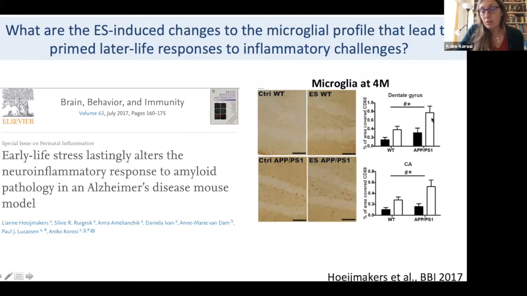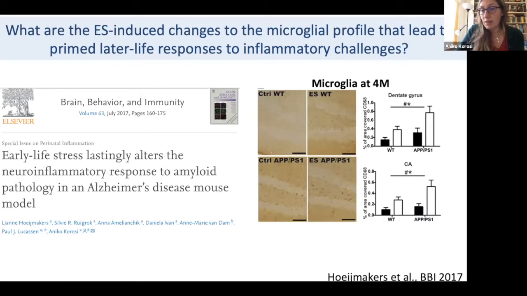And what we see here on the right side of this panel is mice that are either transgenic for APP, so Alzheimer's disease, with the chronic accumulation of amyloid, that are controls or exposed to early life stress. So this context really indicates that there is, of course, a chronic challenge in the brain because there is accumulation of amyloid chronically.